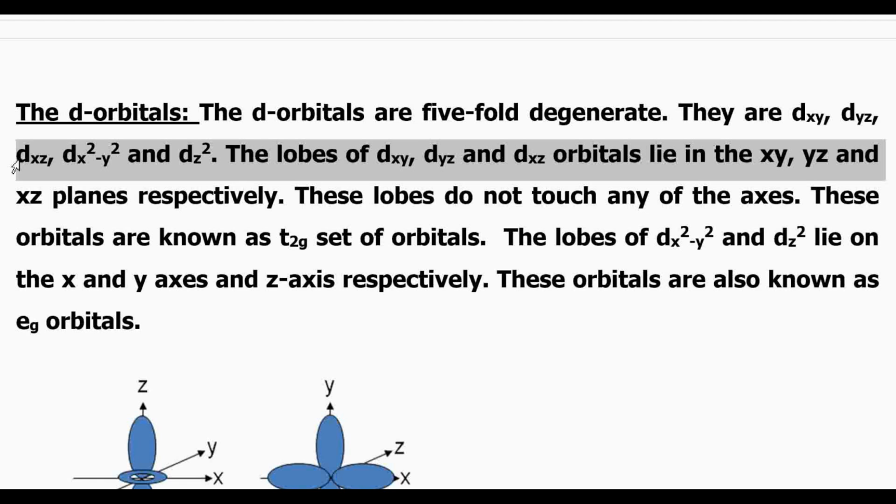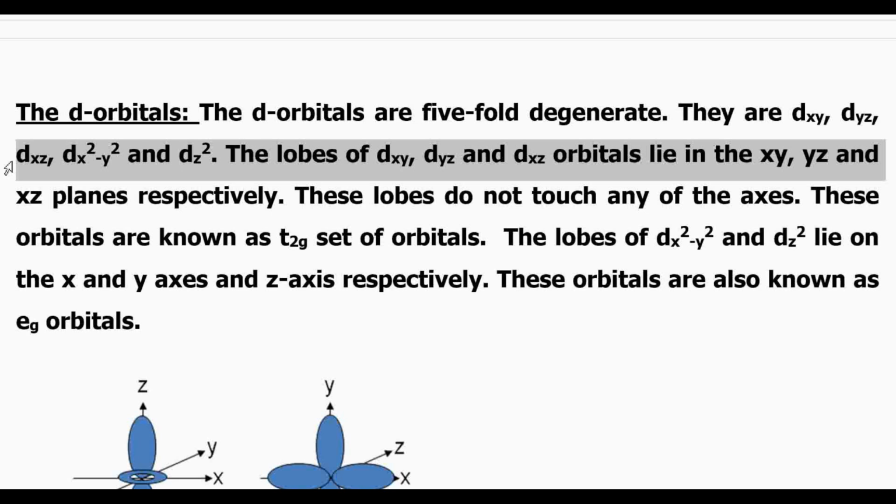Now you will see that the first 3 d orbitals have similar names, xy, yz and xz. These are the names of the planes in which these orbitals are located.